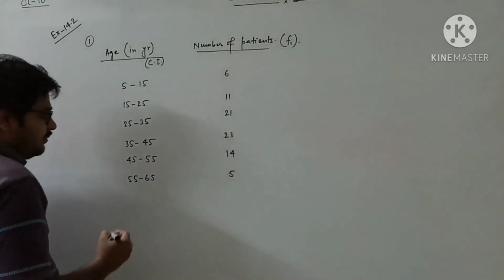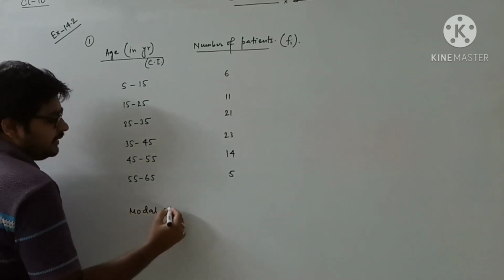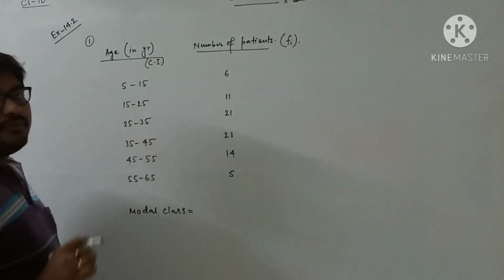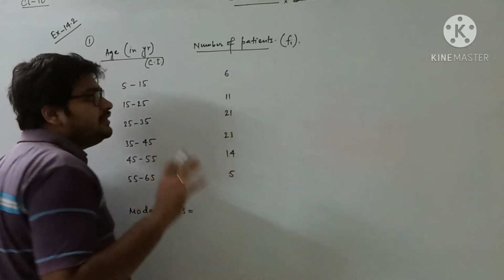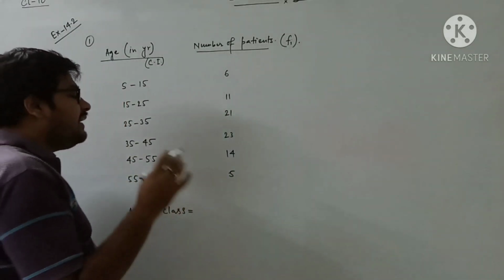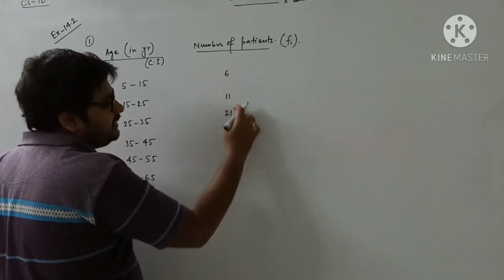Now how to find out the mode? Before finding the mode, you have to find the modal class. Which one will be the modal class? Out of all those frequencies, the class having the highest frequency is the modal class. Which one has the highest frequency?